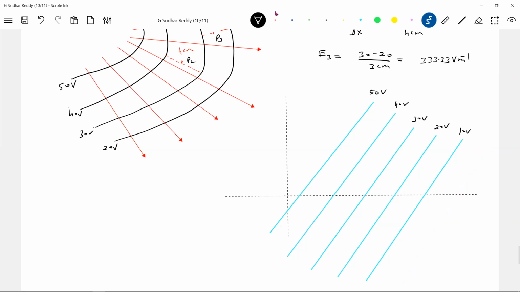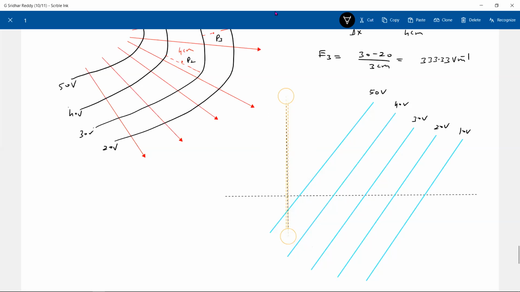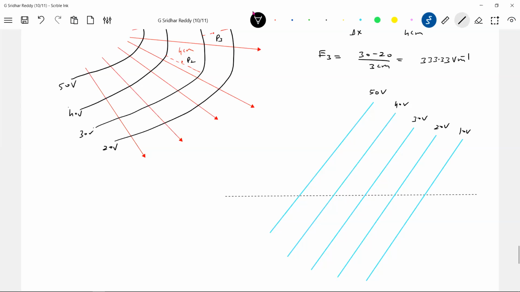Zero potential, let me not show it. And these distances are 1, 2, 3, 4, 5. X is in centimeter.